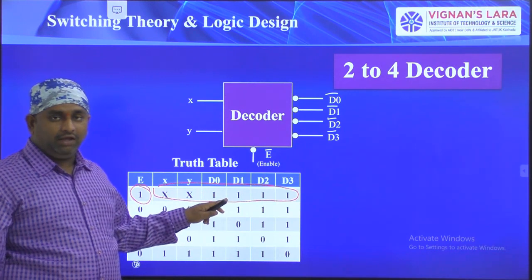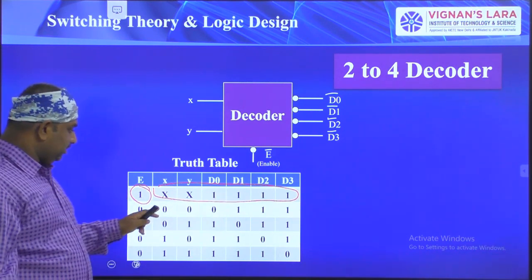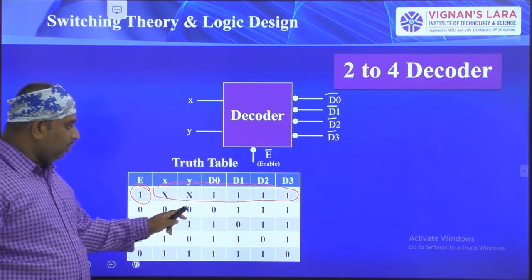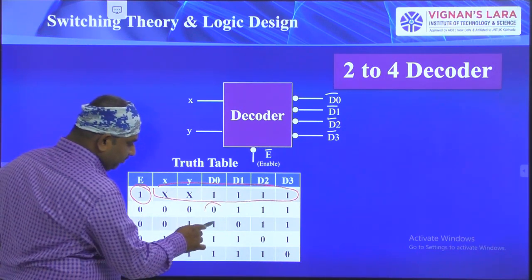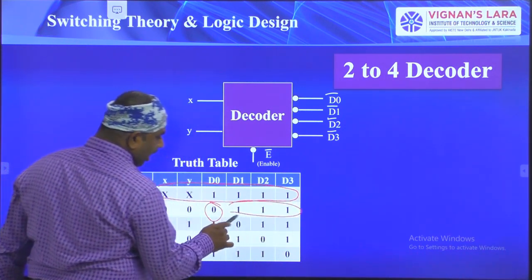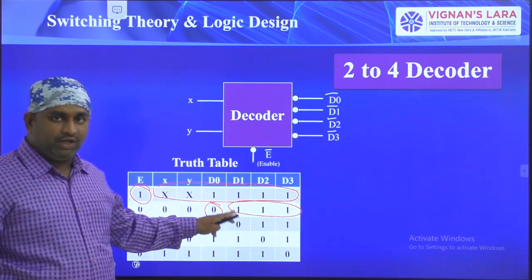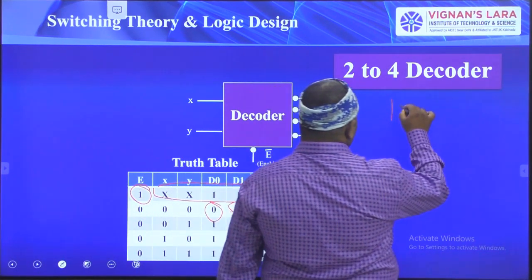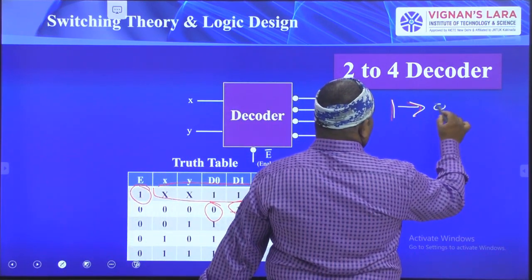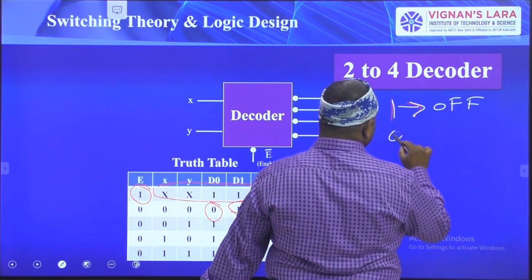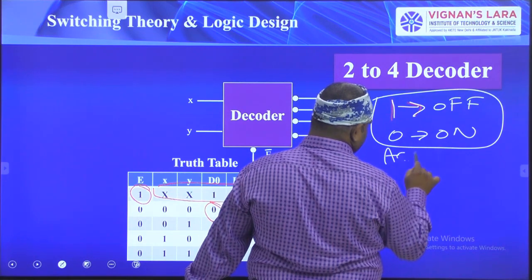Here 1 represents the not working condition and 0 represents the working condition. When you give 0, 0, D0 goes to the on condition, which we represent with 0, and all the remaining outputs are deactivated, which we represent with 1. So remember one thing: in active low logic, if it is 1, that is the off situation, and if it is 0, that is the on situation.